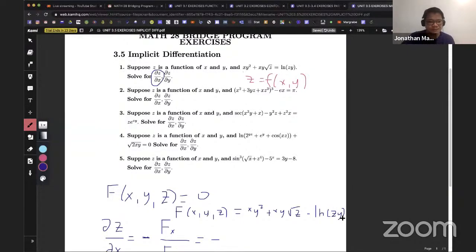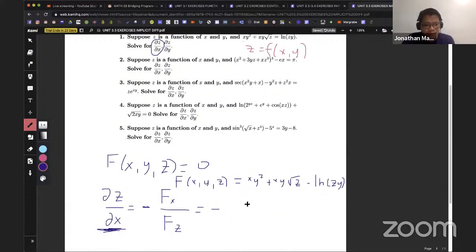From that, the numerator is the partial of capital F with respect to x. You just take the derivative of this with respect to x. What is the derivative with respect to x?